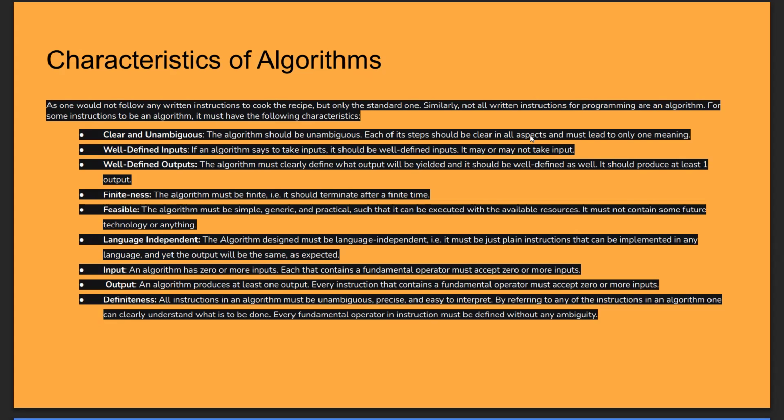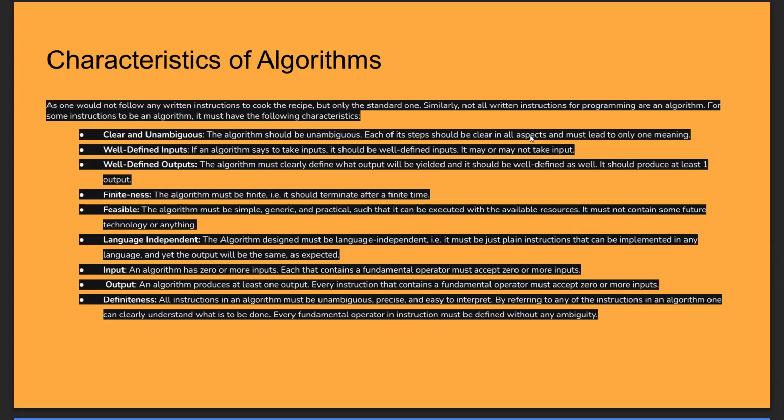Next one, definiteness. All instructions in an algorithm must be unambiguous. Whatever instructions are present in the algorithm, they must be unambiguous, precise, and easy to interpret. By referring to any of the instructions in an algorithm, one can clearly understand what is to be done.